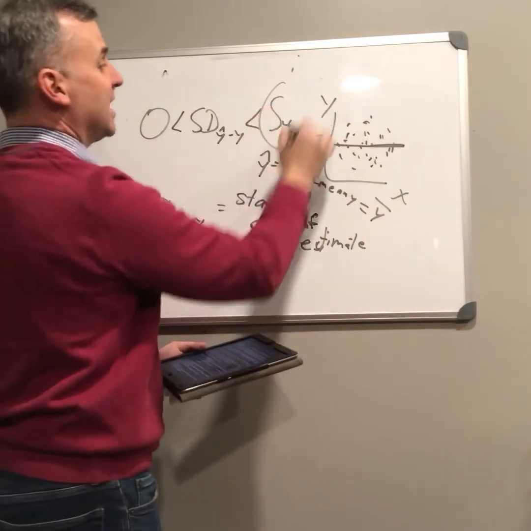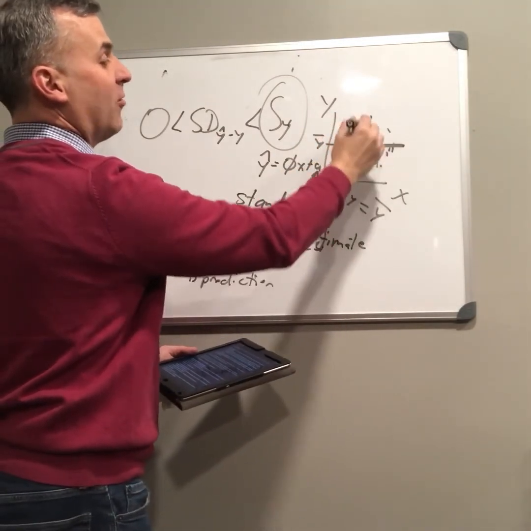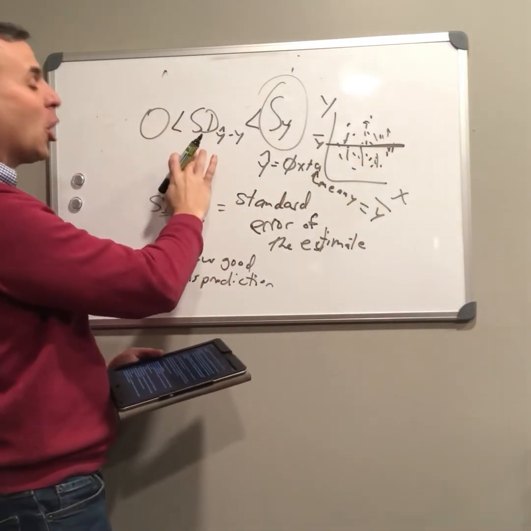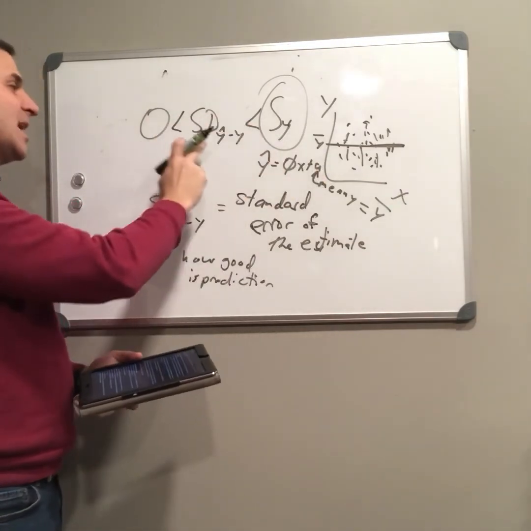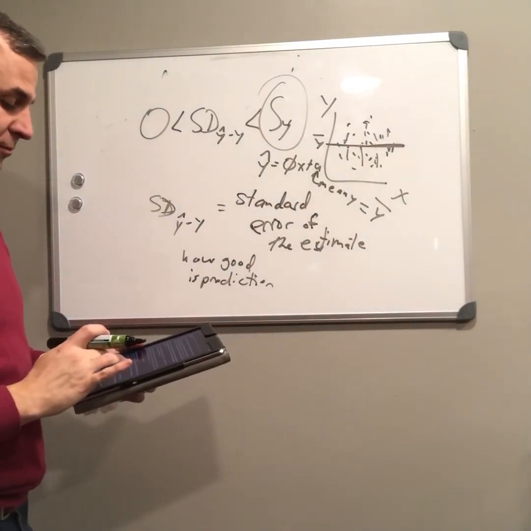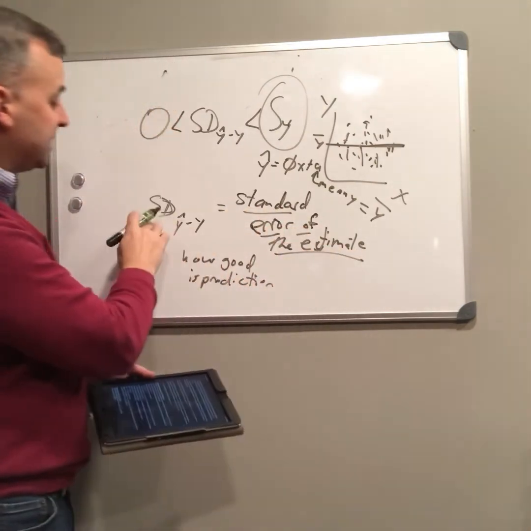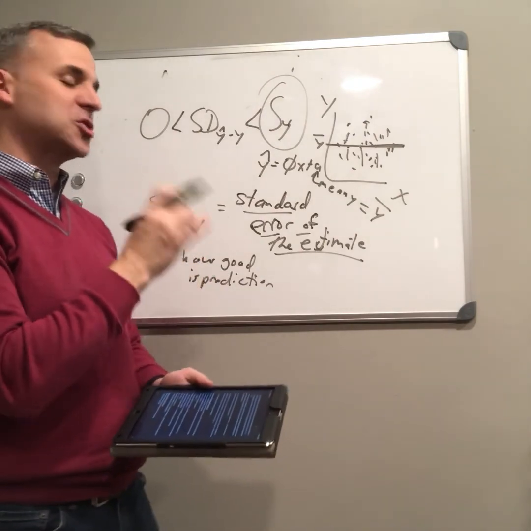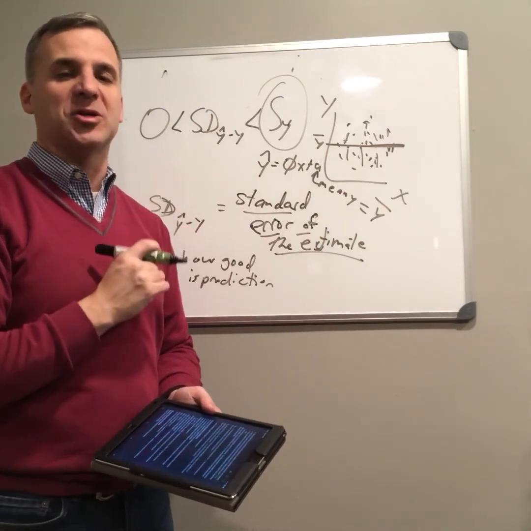At that point, the standard error of the estimate is the greatest it can possibly be, which is the standard deviation of y, right? The standard deviation of how far y gets from that mean line. If I have a perfect relationship, then I have no errors. So now we can see why the standard error of the estimate ranges from 0 to the standard deviation of y. So again, the standard error of the estimate is the standard deviation of the residuals, and that describes the predictive value, or the strength, or the accuracy of my prediction in predicting y from a regression equation including x.